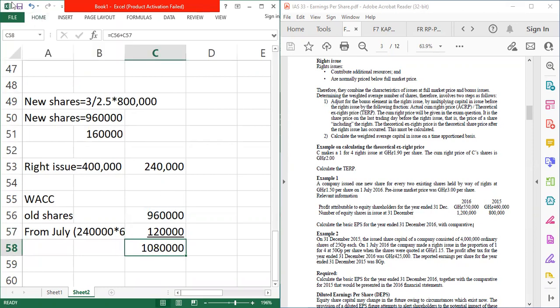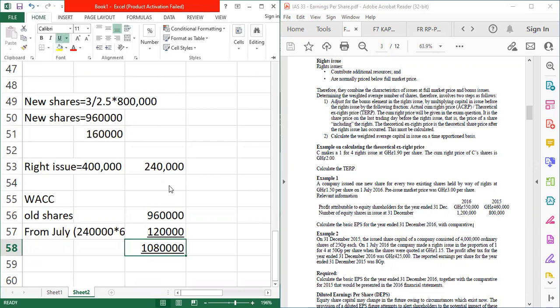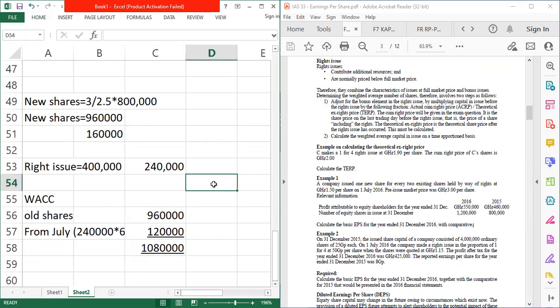And this is the value that we are going to use. Let me say it again. You see, after you get the right issue fraction, multiply it by the shares that you have from the beginning. The value that you have gotten right now is the value at the beginning plus the bonus issue element. So we are now having 960.